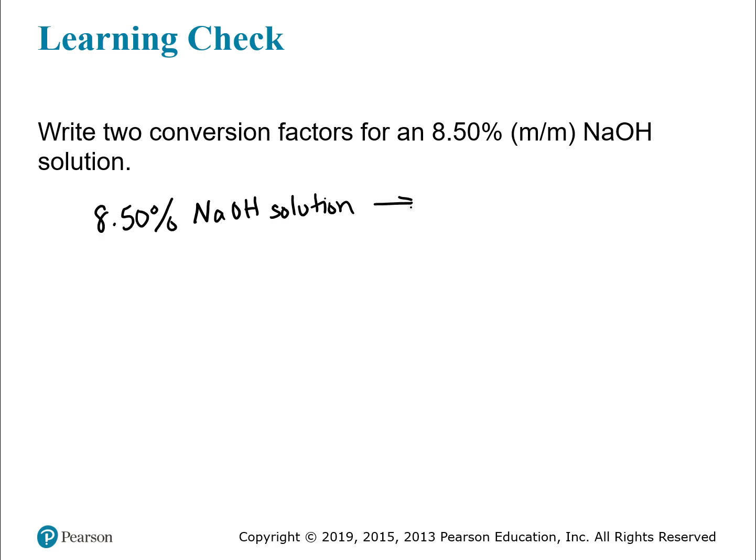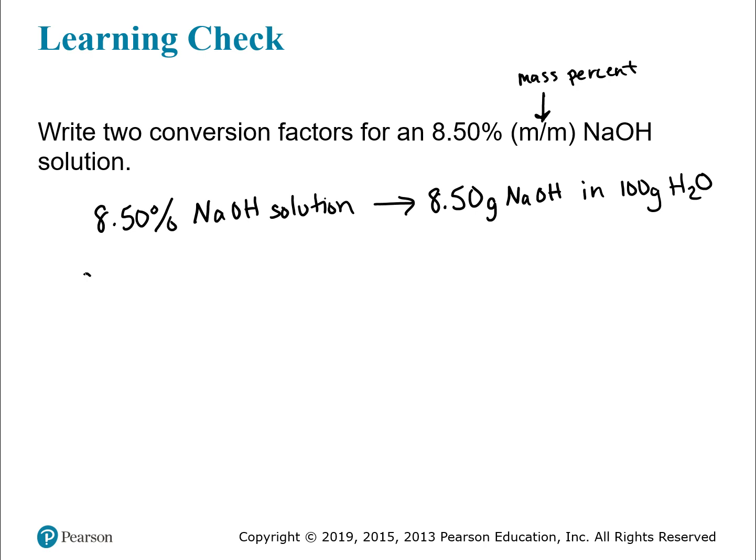What that really means, when we're talking about mass by mass, that's the mass percent, is 8.50 grams of sodium hydroxide in 100 grams of water.